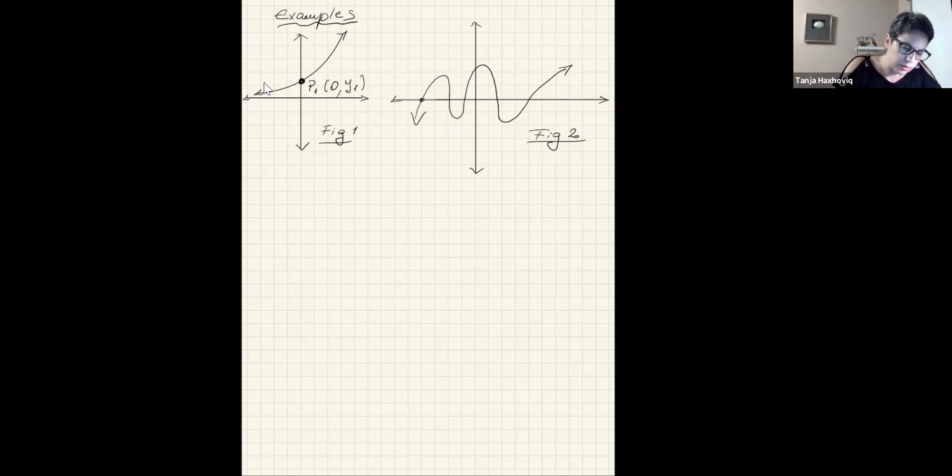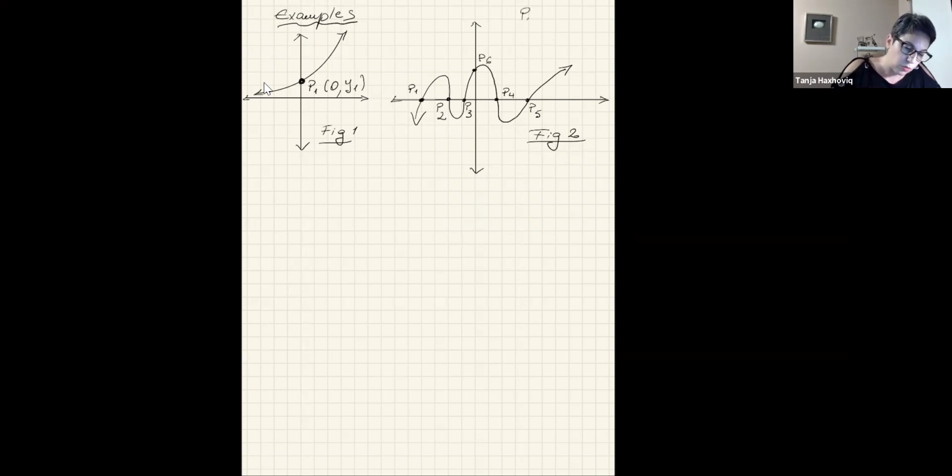Okay, so let's identify the x and y intercepts, if any, in Figure 2. Here is a point where the graph cuts the x-axis, so that is an x-intercept. Here is another x-intercept. Here is a third x-intercept, a fourth, a fifth x-intercept. And there is only one point that is a y-intercept.